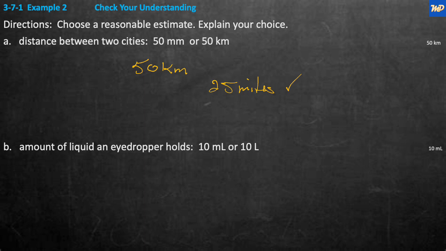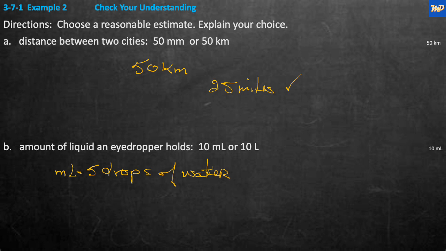Okay, so how about the amount of liquid that an eyedropper will hold? Well, we were told earlier that a milliliter is equal to about 5 drops of water. That's a milliliter.